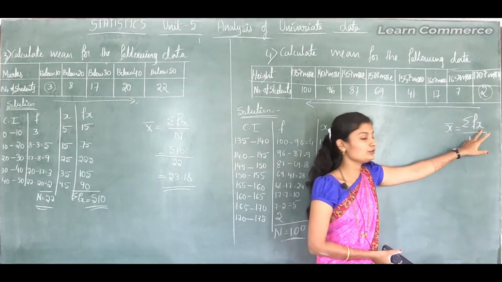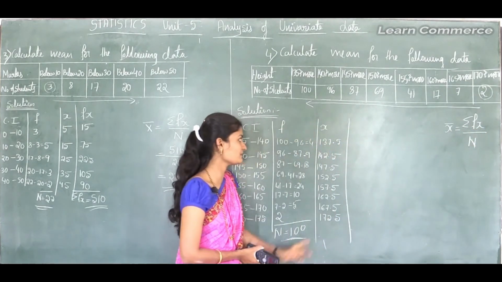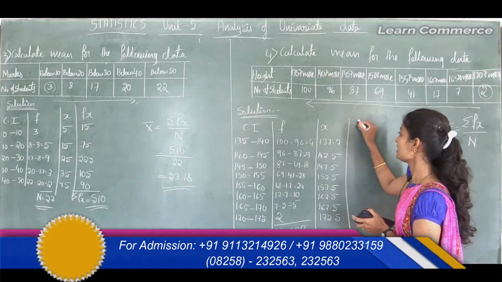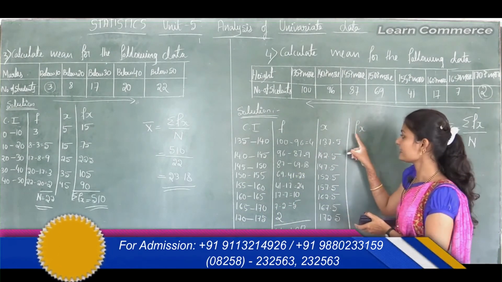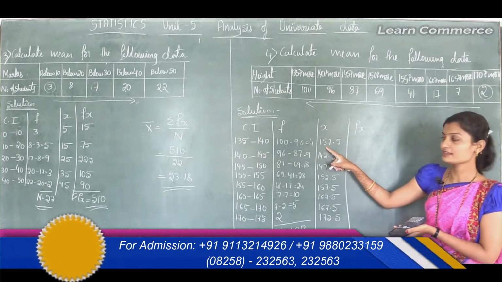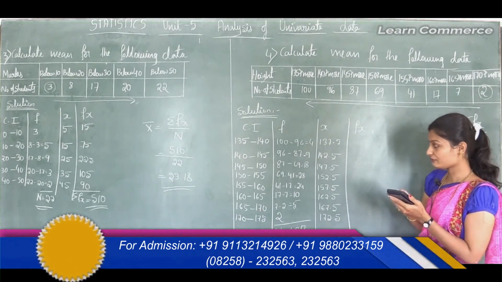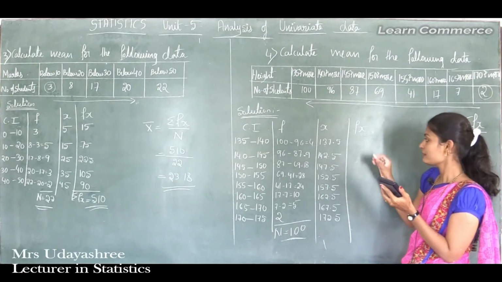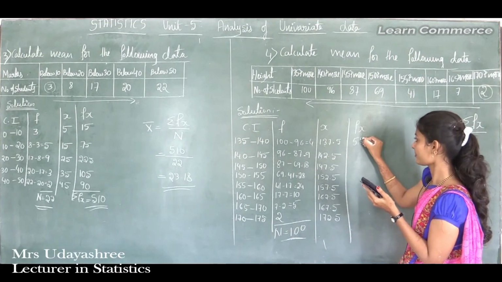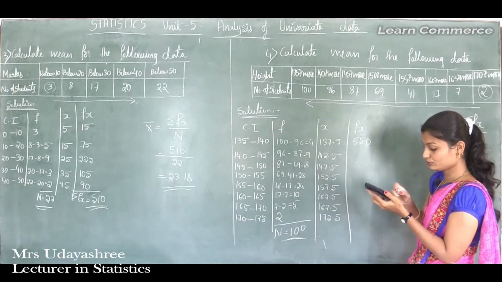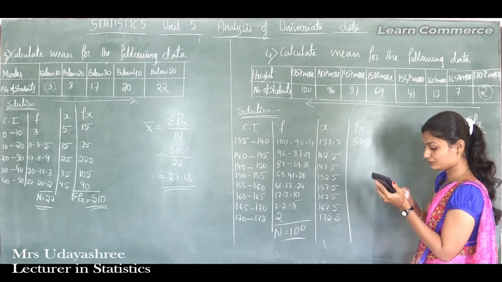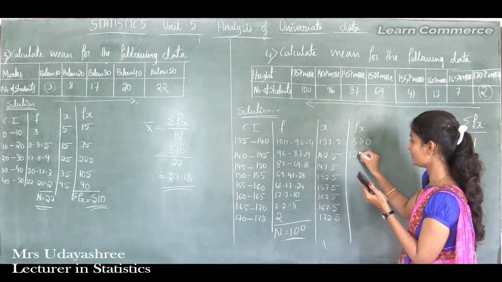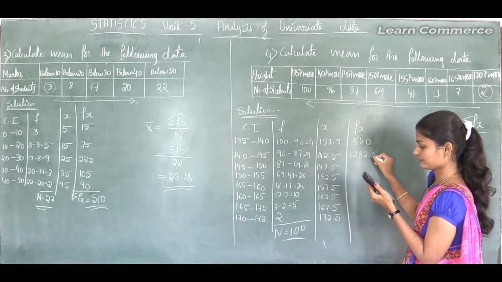We need the sum of f into x. See, these are the f observations and these are the x observations. Next we need to calculate f into x. See, here f is 4 and x is 137.5. So f into x, that is 4 into 137.5, is 550. Next, 9 into 142.5, that is 1282.5.